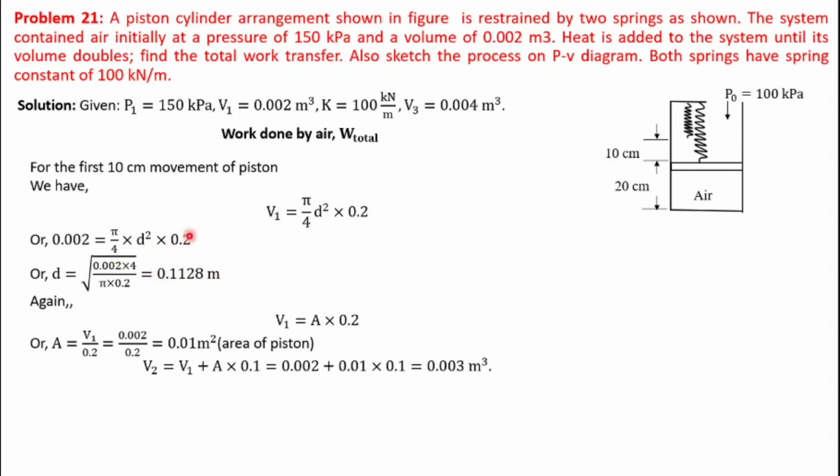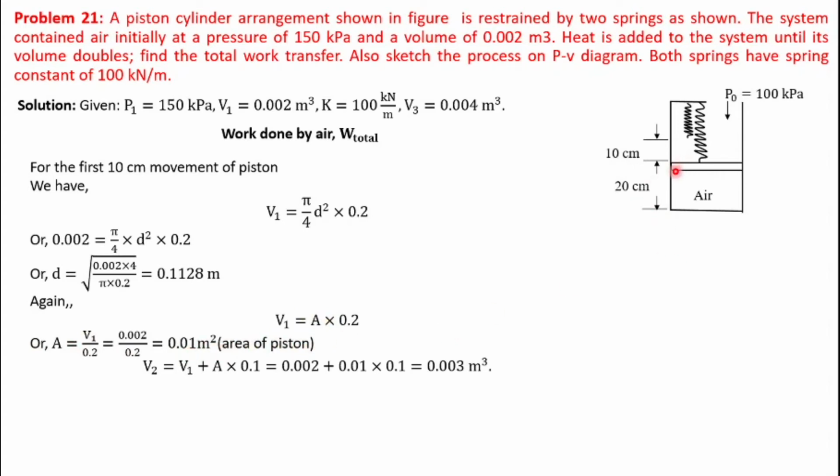Again we have V1 equal to area into height. From that we can calculate the area, and the area of the piston becomes this much, 0.01 square meter.